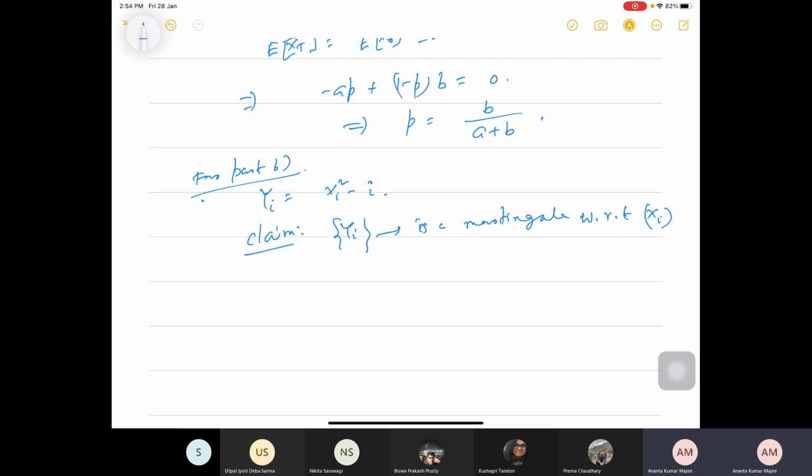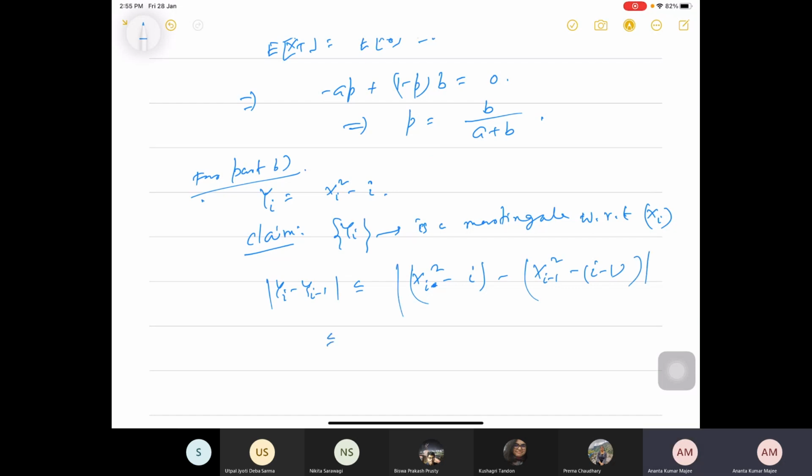And not only that, Y_i minus Y_{i-1}, if you check it, is X_i squared minus i, minus X_{i-1} squared minus (i minus 1). Is it not?